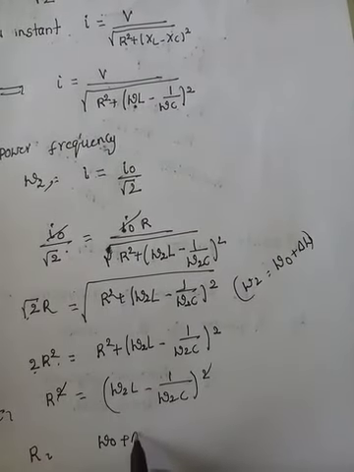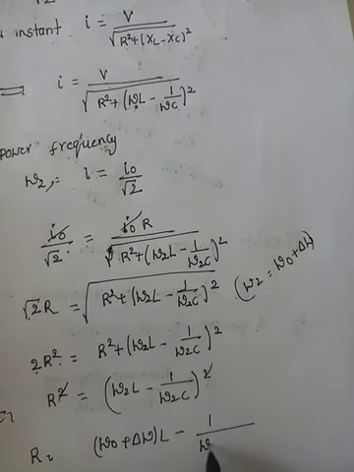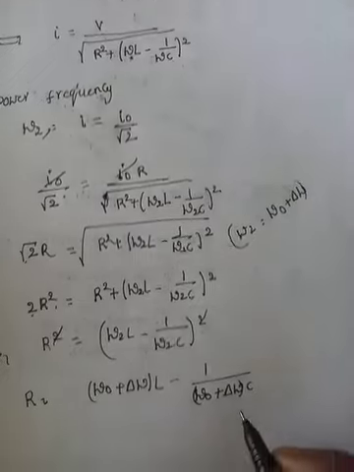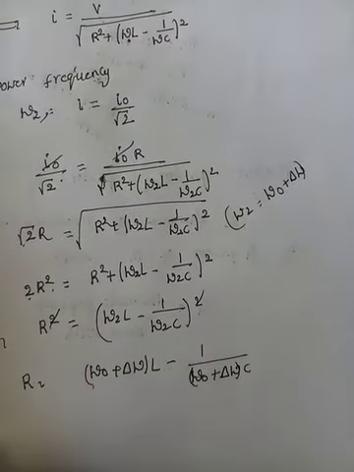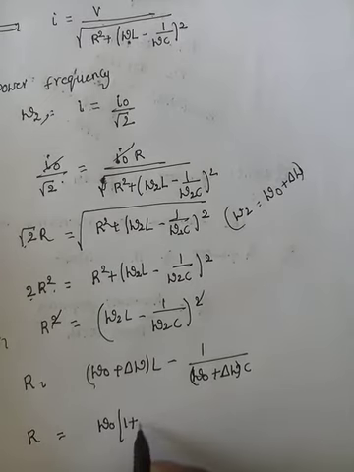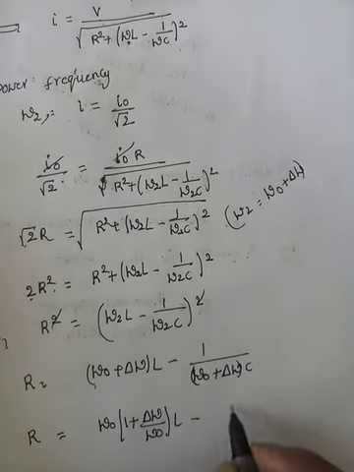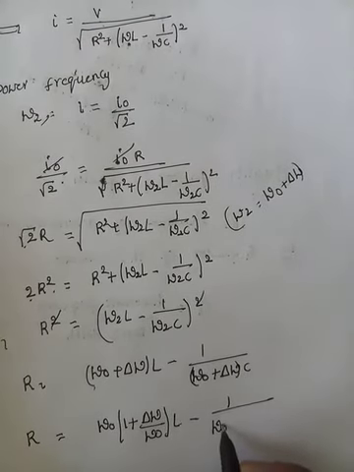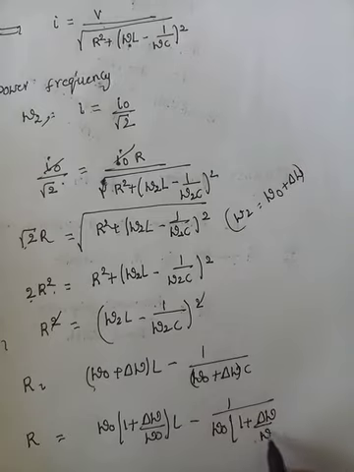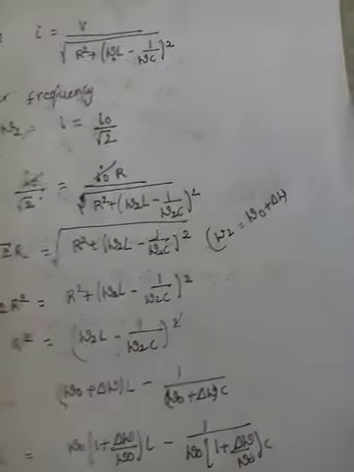Omega naught plus delta omega into L minus 1 by omega naught plus delta omega into C. Take omega naught common. If you take omega naught common, what do you get? 1 plus delta omega by omega naught into L minus, here also omega naught common, 1 plus delta omega by omega naught into C. Okay.